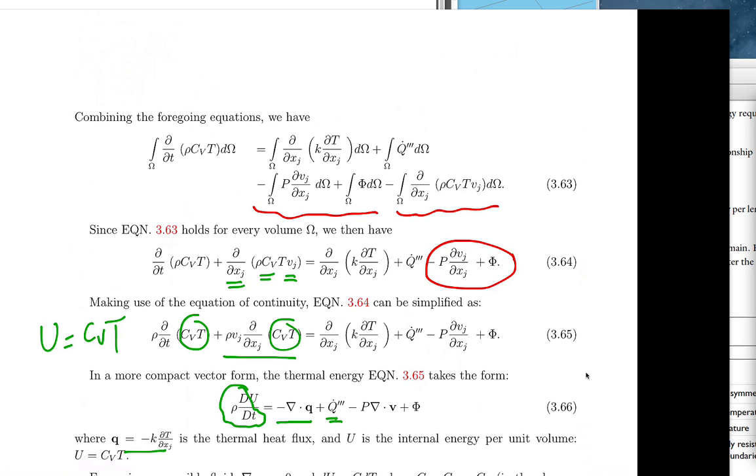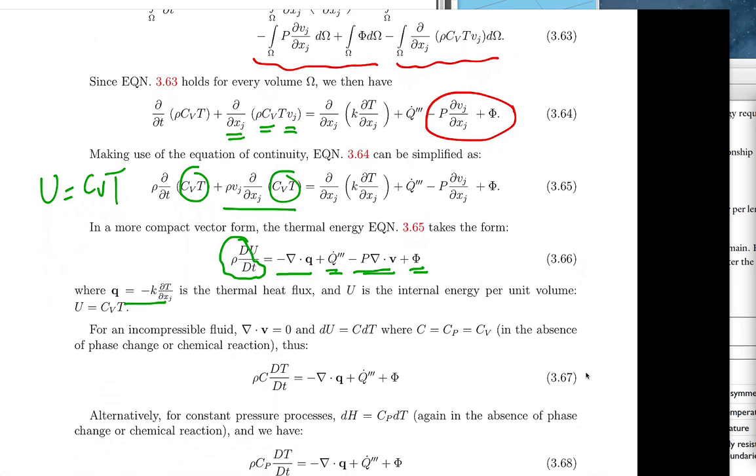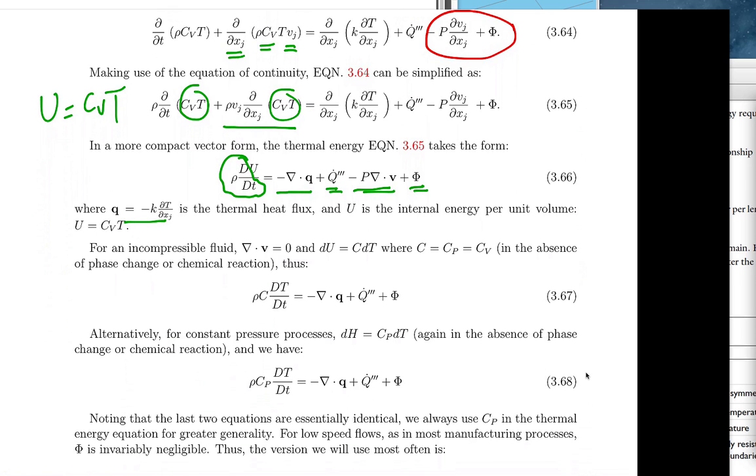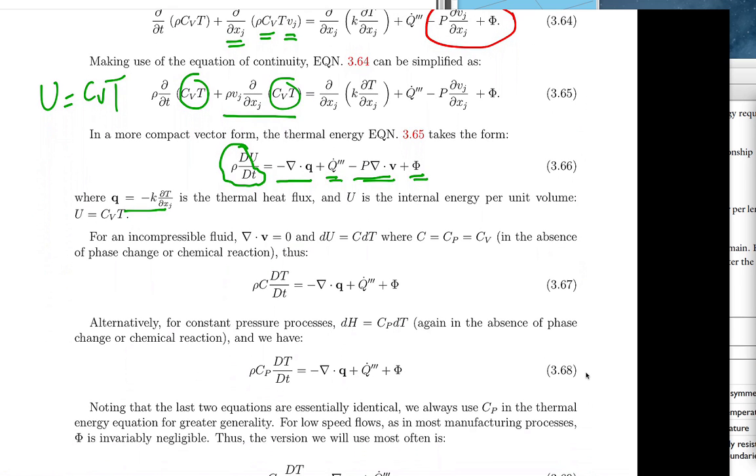This is the heat generated inside the volume. This is the work done in compressing the fluid, and this is the work done by the viscous forces. So equation 366 is a more complete equation that we could use in our simulations.